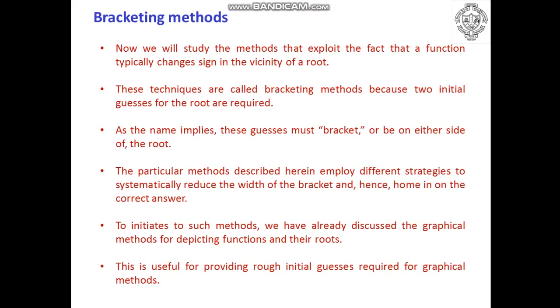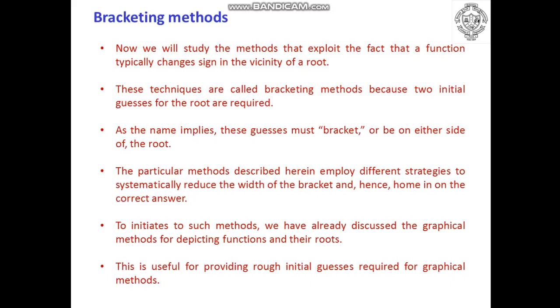That is why these techniques are called bracketing methods, because two initial guesses for approximating the actual root are required. As the name implies, these guesses must bracket, or be on either side of, the root.